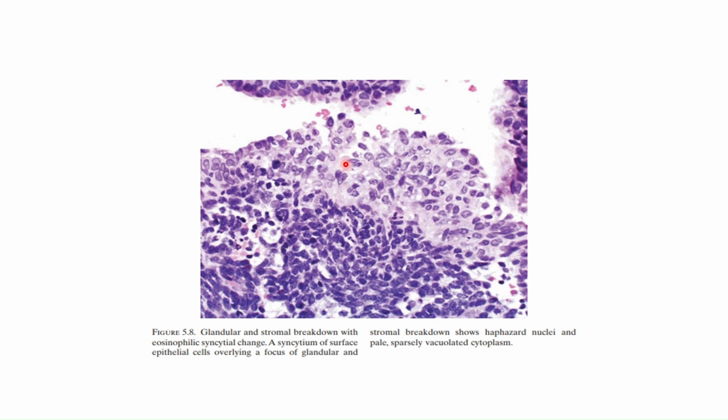Here, the syncytium of surface epithelial cells overlies the stromal component, and in this syncytium there is haphazard arrangement of nuclei and some have a vacuolated cytoplasm. So this is a glandular and stromal breakdown with eosinophilic syncytial change.